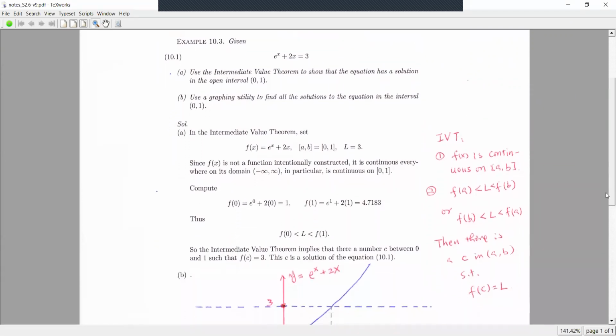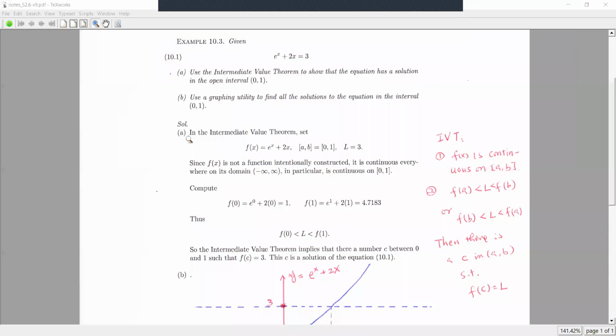If these two conditions are satisfied, then we have this conclusion. Between a and b, there is a point c where the function value is equal to L.